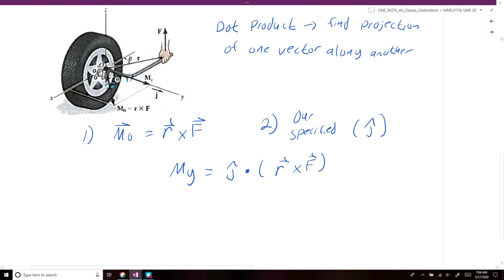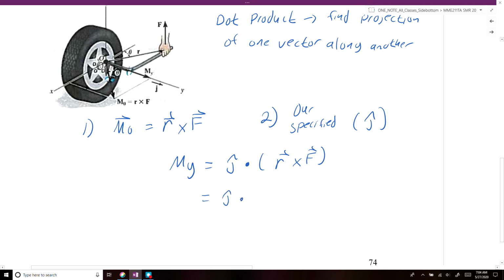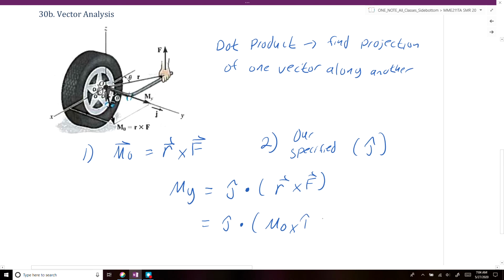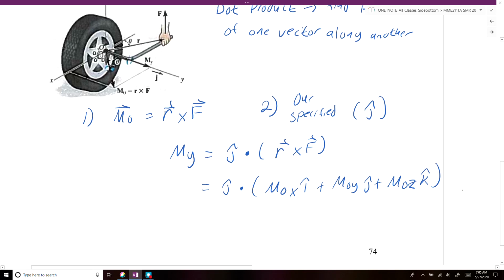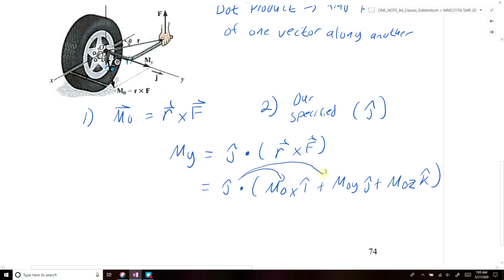If we plug in terms for the moment about the x-axis plus the moment about the y-axis plus the moment about the z-axis, and distribute that dot product in, we get i dot j, which is equal to 0, j dot j, which is equal to 1, and k dot j, which is equal to 0.